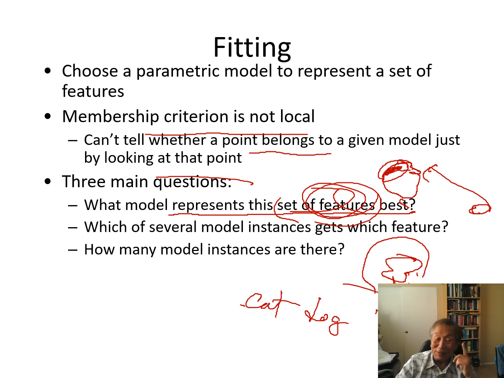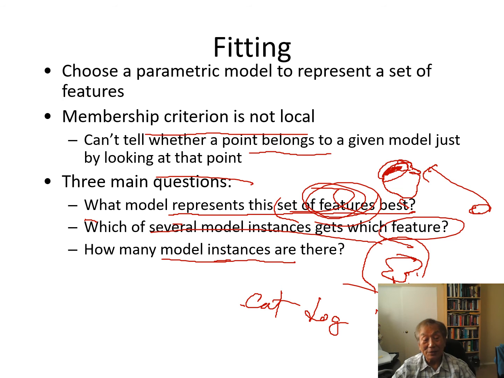That process of identifying it as a cat or a dog depends on what kind of feature we are dealing with, and how many model instances there are. In other words, in this library of patterns, each item we call a model. So we fit that model to our target for the matching.